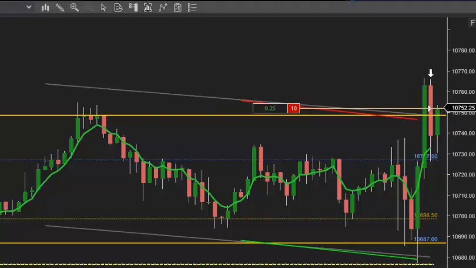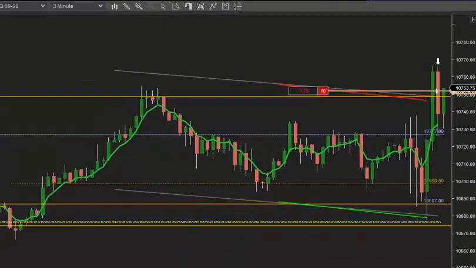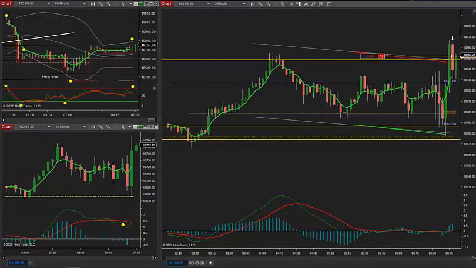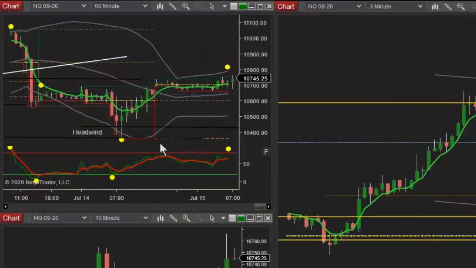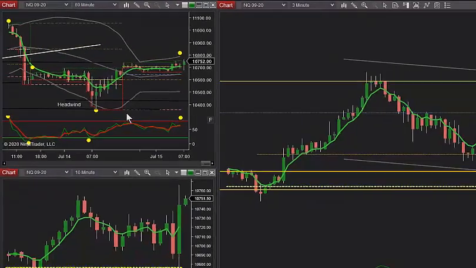It's even better, in my opinion, when you have several of these things converging together. If you have the upper regression channel line, and closer to it would be a volume profile level, and then also perhaps a prior consolidation or support and resistance level on a higher time frame, or a moving average from a daily.